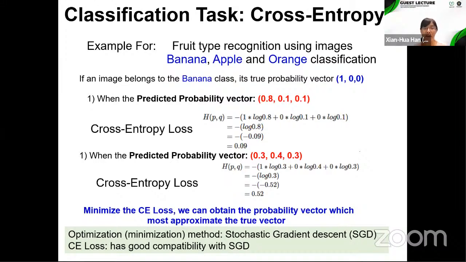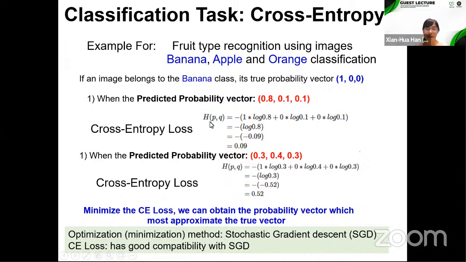When the predicted probability vector by the neural network is 0.8, 0.1, 0.1, after calculating with the cross-entropy equation, the final loss is 0.09. When the predicted probability vector is 0.3, 0.4, 0.3, the cross-entropy loss is 0.52.